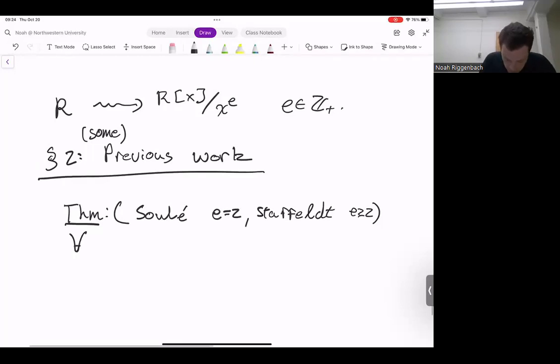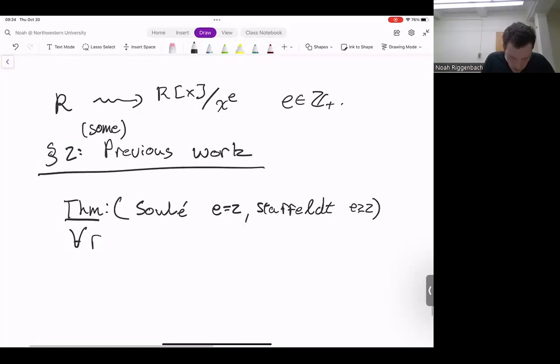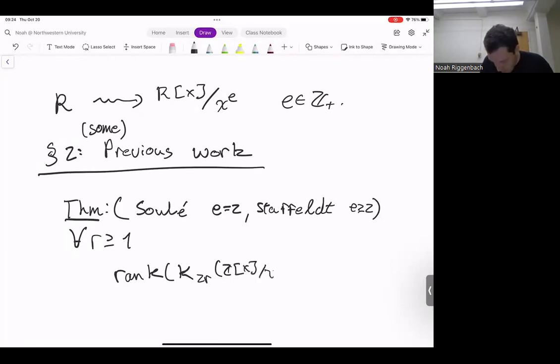So they showed, using some of these techniques, that for all integers r greater than or equal to 1, the rank of the even K groups of Z adjoin X mod X to the E relative to Z was 0.